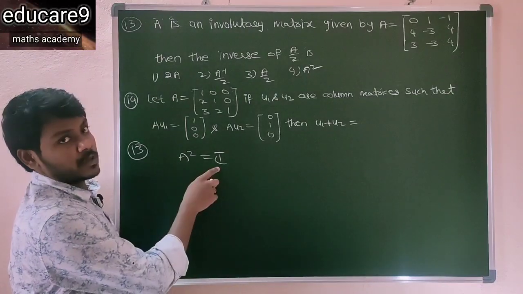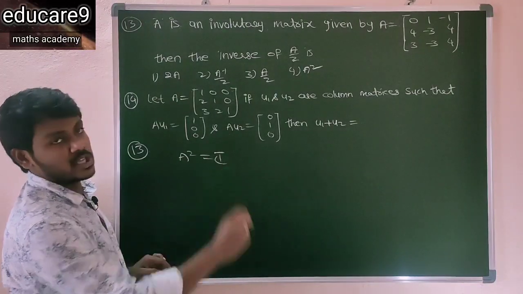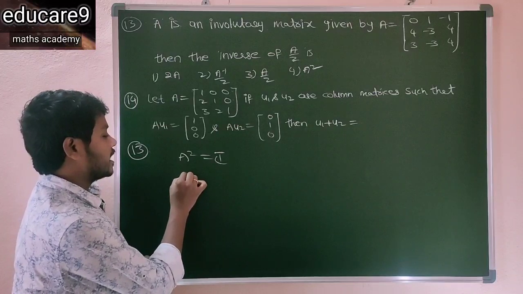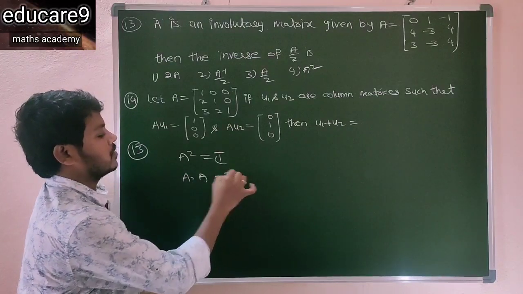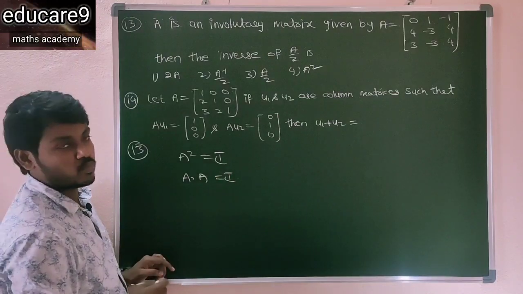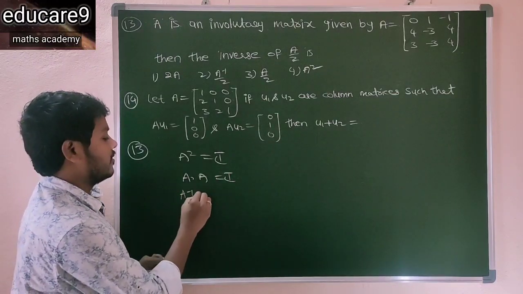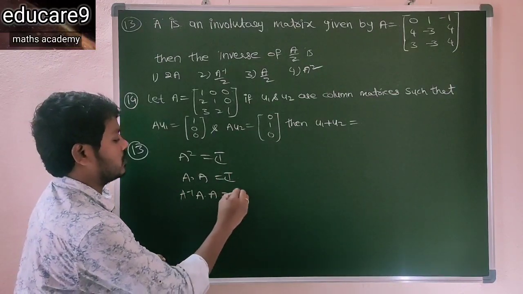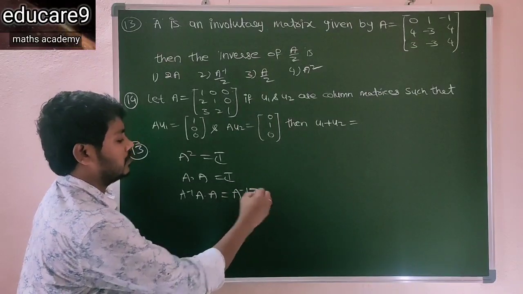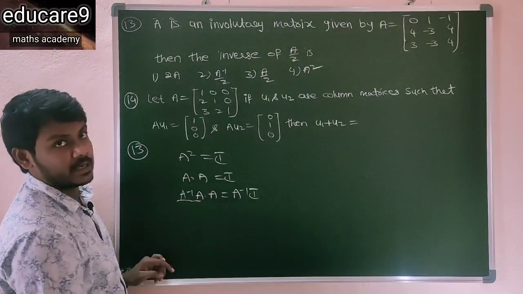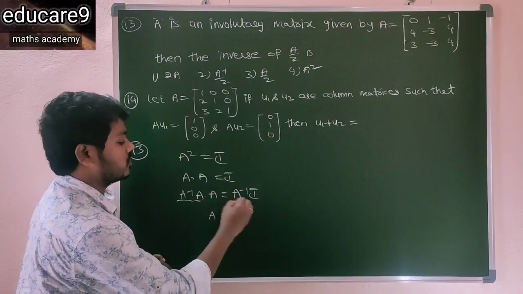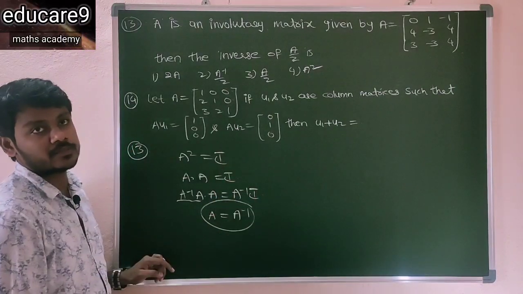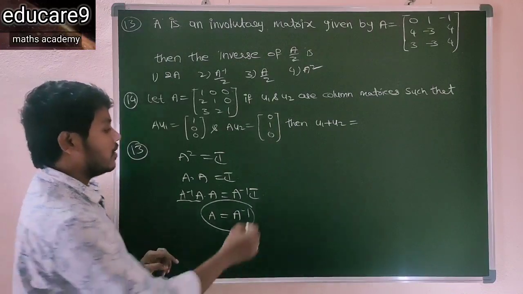So A is an involutory matrix, that is A square is equal to I. So this can be written as A into A is equal to I. So multiplying A inverse on both sides, A inverse into A is equal to A inverse into I. A inverse into A is the identity matrix. So therefore A is equal to A inverse.